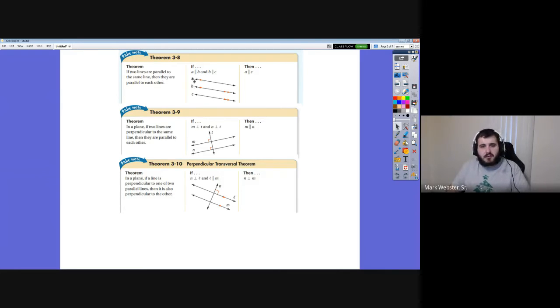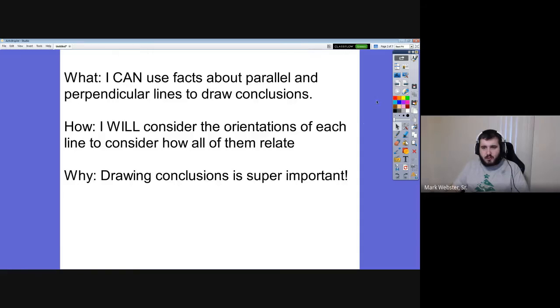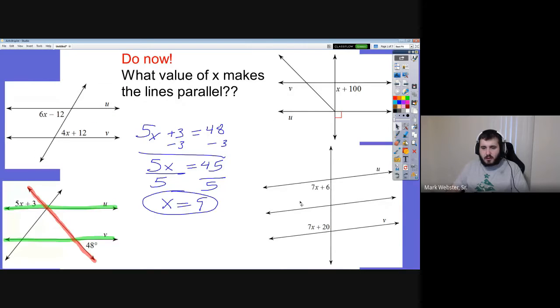So, like they're saying, if line A and line B are parallel, and if line B and line C are parallel, well, what does that mean, therefore, about A and C? And if we look here, it's pretty easy to see that line A and line C are going to be parallel themselves, right? So the way that they're going to do this is they're going to have a situation that looks sort of like this, right?